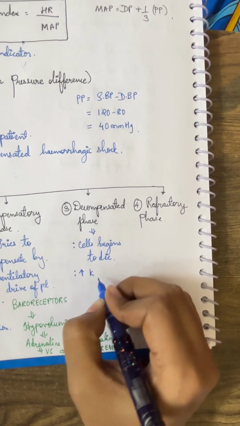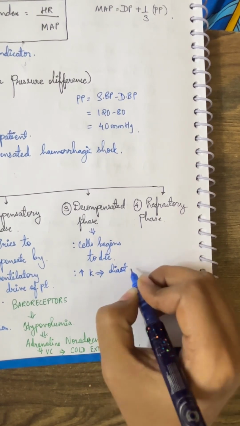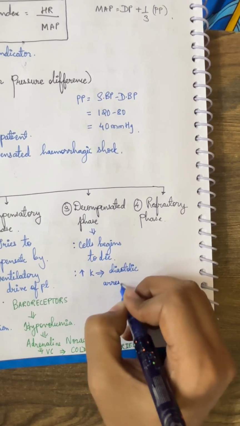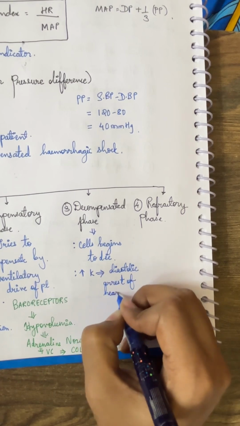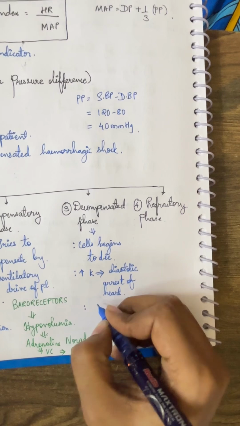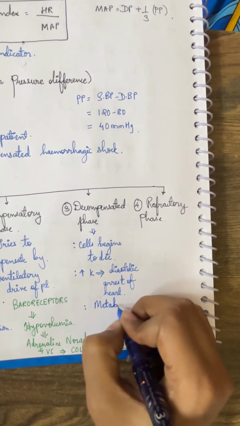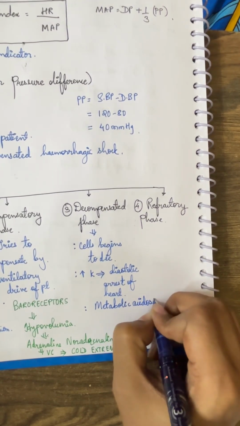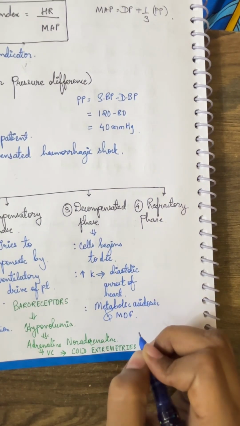That will lead to diastolic arrest, because potassium is an intracellular ion, the arrest of the heart. It will also end up in metabolic acidosis, and there will be multi-organ failure as well.